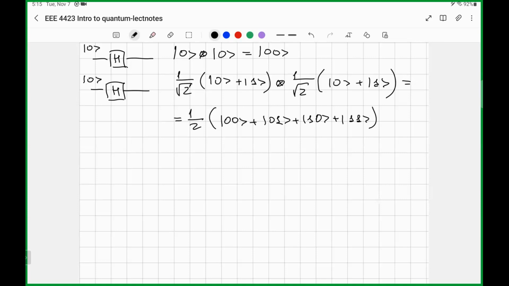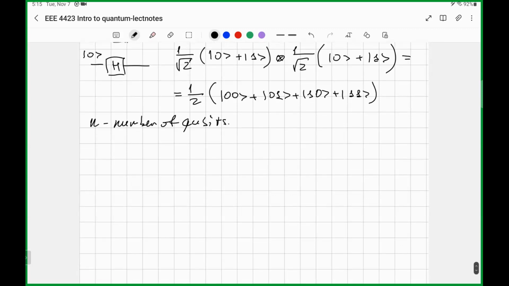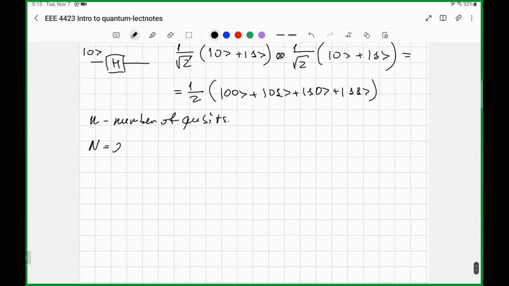So in the general case of n qubits, the general state of a system of n qubits will be represented by a string of N capital elements, with 2 to the power of n elements, right?